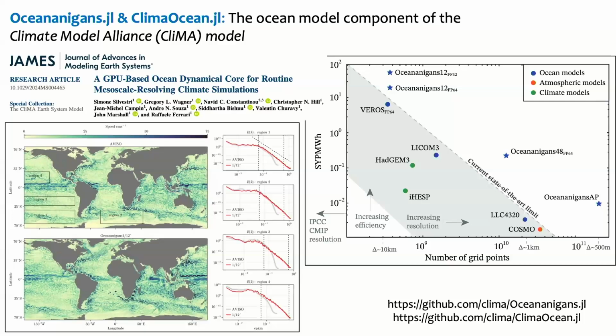Importantly, it shows how this Oceananigans model blows all of the existing other ocean models out of the water in terms of its performance, resolution here as a function. Usually we compare simulated years per wall clock day. This is a slightly different metric, simulated years per megawatt hour, which is also because of course energy consumption is something that we begin to worry about.